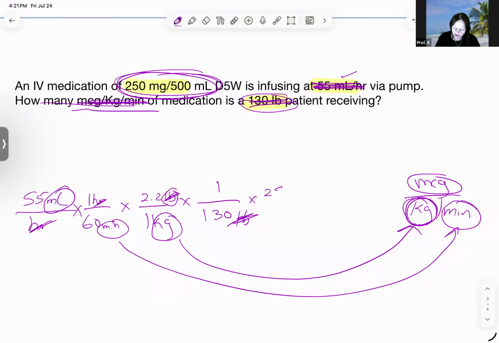So I'm going to put 250 milligrams over 500 milliliters because that will cross off my milliliters. Now I have used everything in my problem and I've added a kilogram. But now I have milligrams and I need micrograms. So you know what to do. What is it?